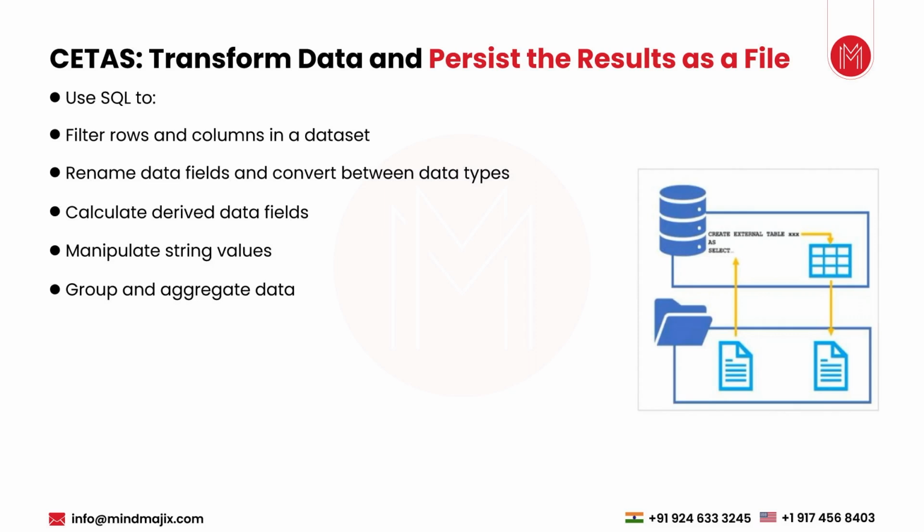Calculating the derived data field is what I meant by combining two different external tables. Manipulation is again a transformation. These things are very much business specific. Some people want to append something to some columns, or some people want to get rid of some things. Grouping and aggregation are only for reporting purposes.